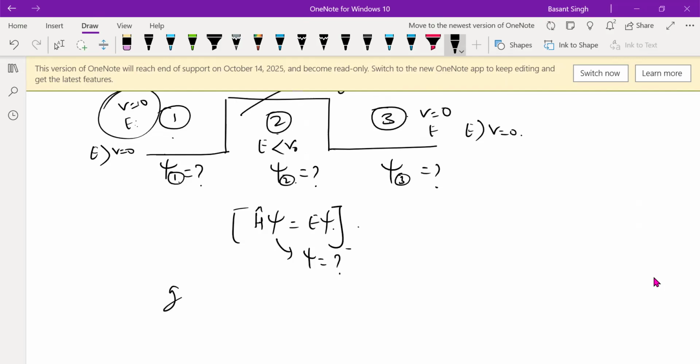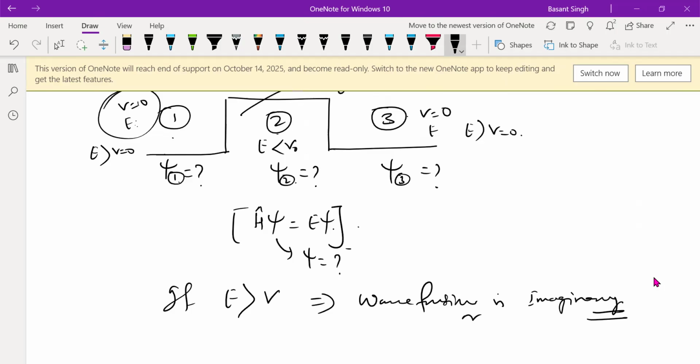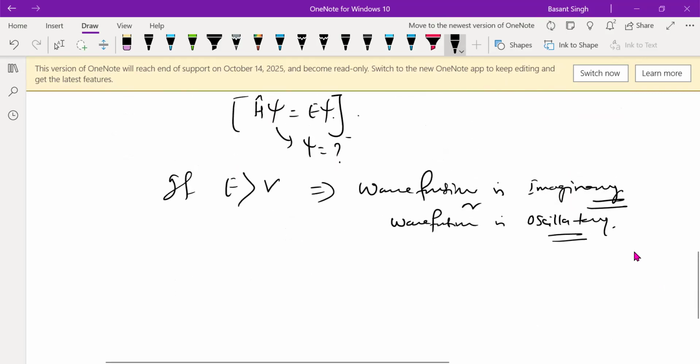If energy is greater than potential, then the wave function is oscillatory.